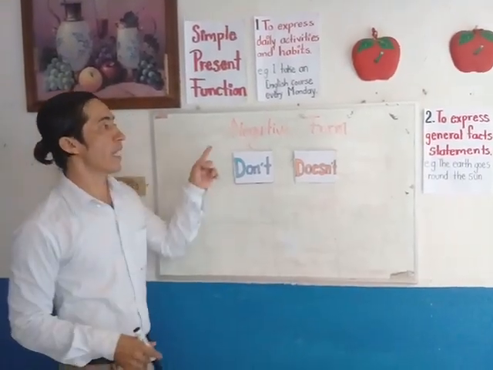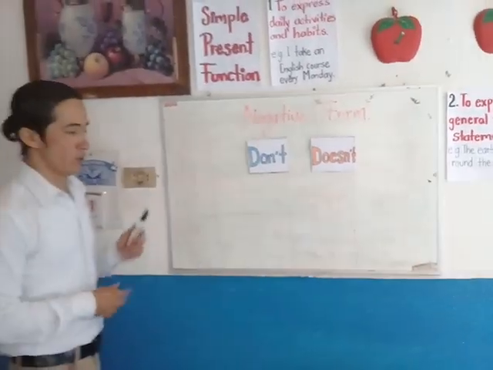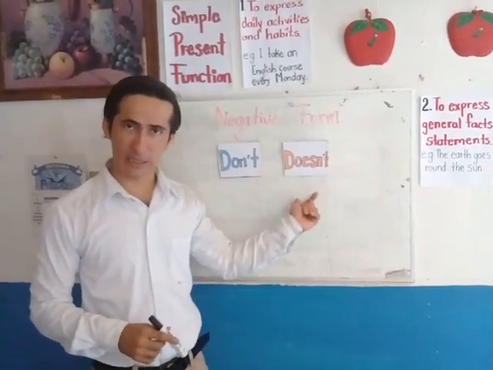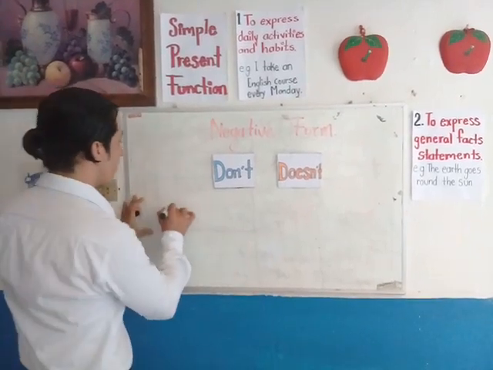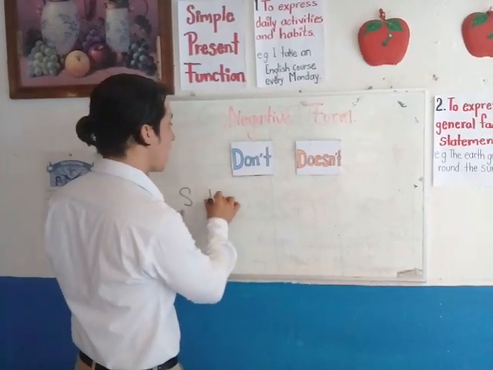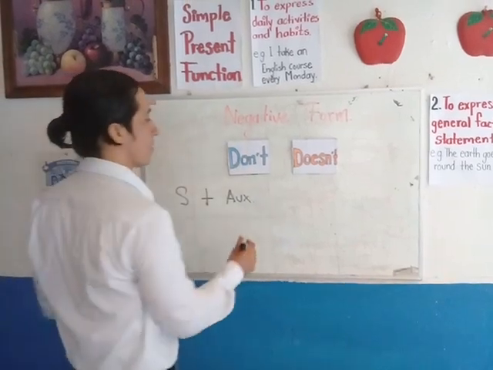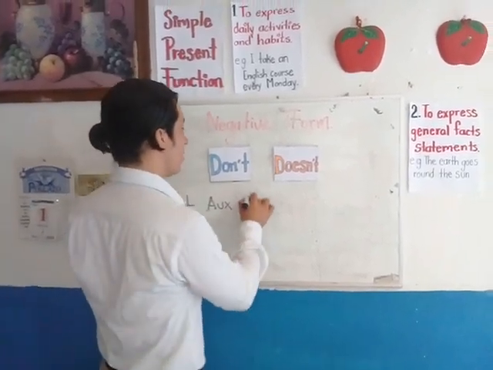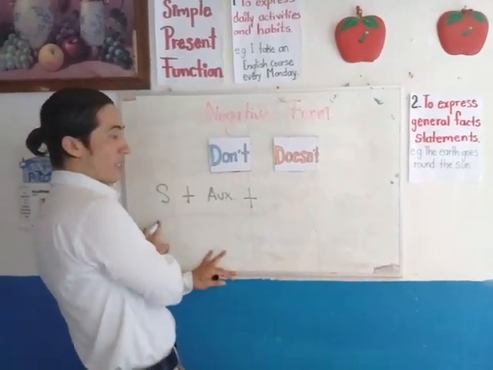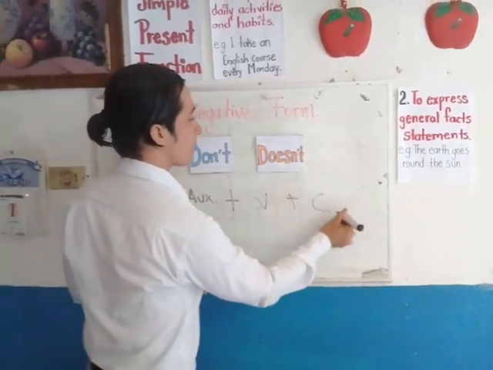Now we have the negative form in the simple present tense. When we talk about the negative form, we use two auxiliaries: the first one is don't, and the second one is doesn't. So the structure is subject plus auxiliary. The auxiliary could be don't or doesn't, according to the pronoun that you are using. So: subject, auxiliary, verb, and complement.